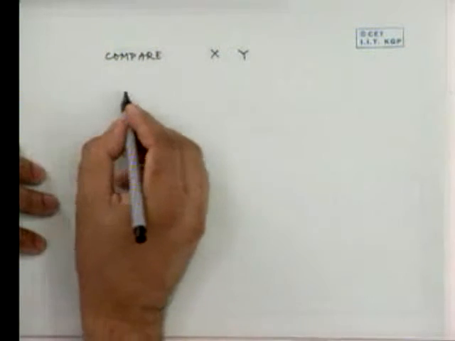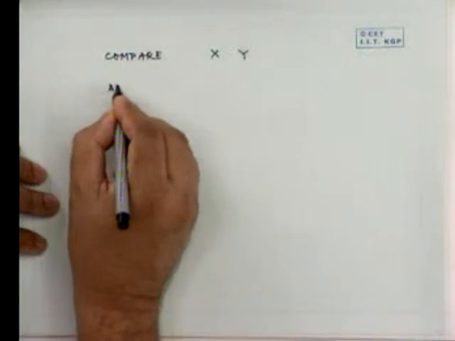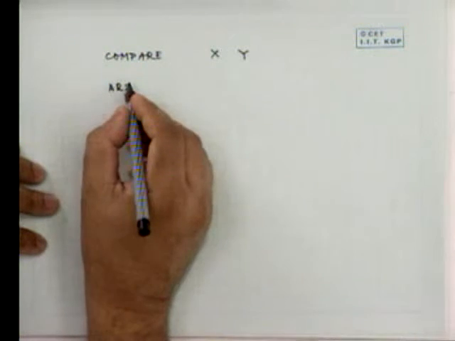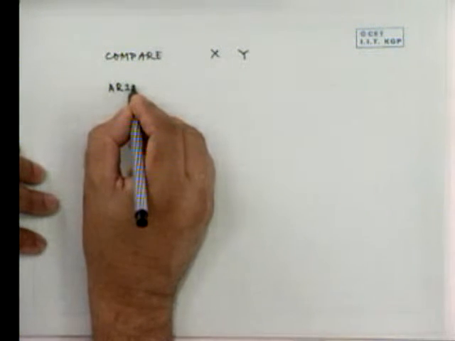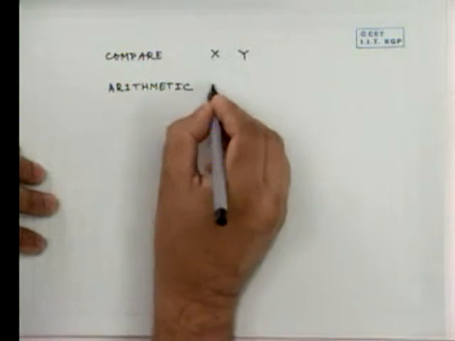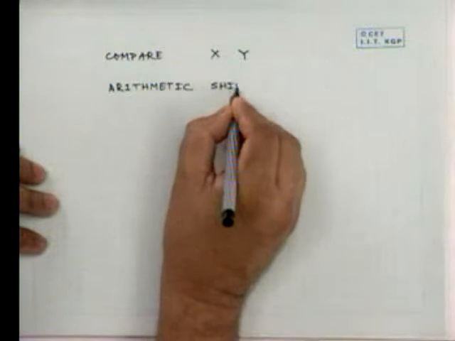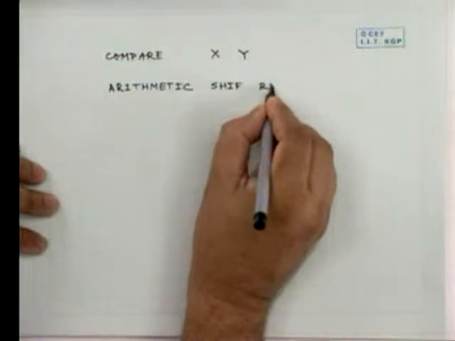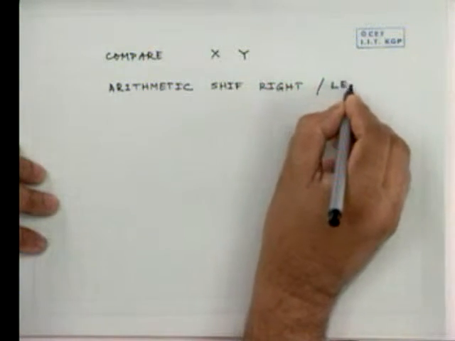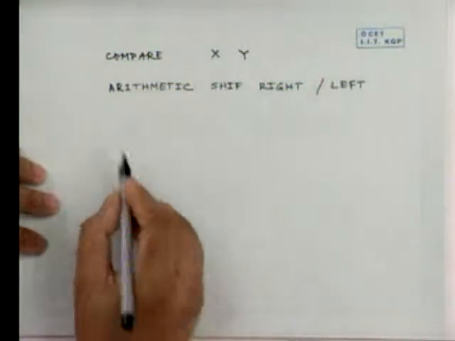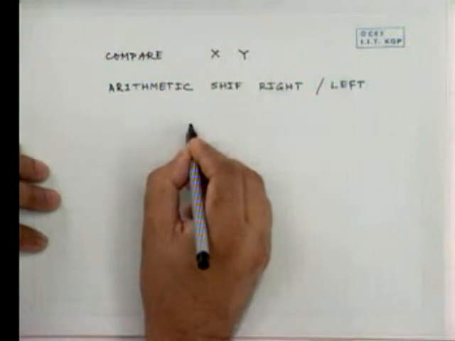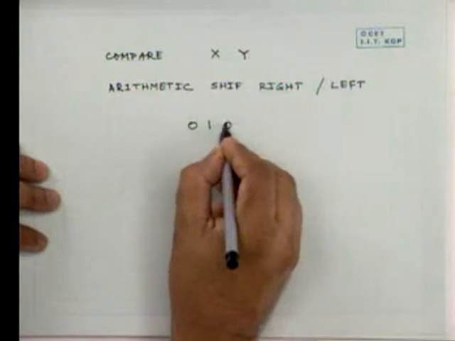Then we have that which we have already used in our arithmetic operations. Okay. Arithmetic shift right or arithmetic shift left. For example, if we have a number, I'm taking a 4-bit number for our convenience of representation, say 0, 1, 0, 0.